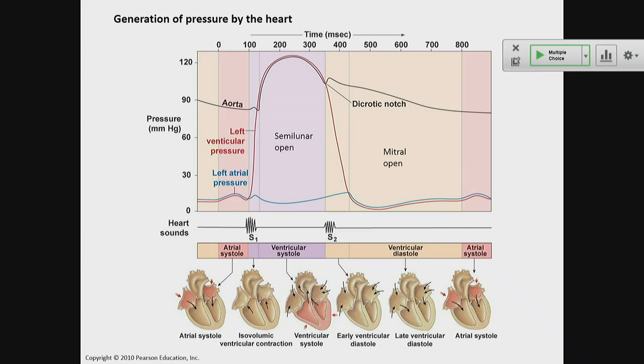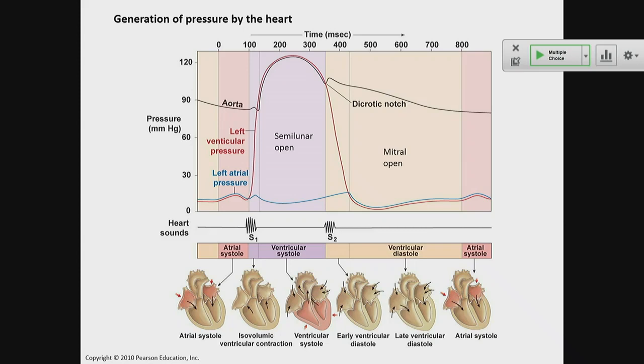Now, if you look carefully, there's of course something interesting occurring in between these phases when the pressure is equal with one or the other compartment. There's a phase when the pressure inside the ventricle increases from the atrial level to the aortic level, okay?